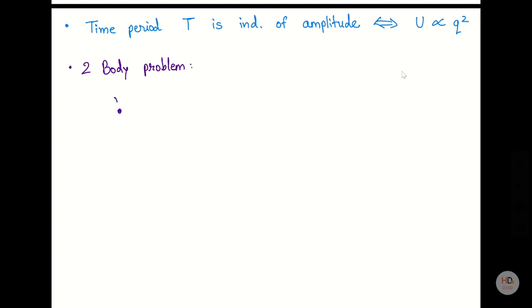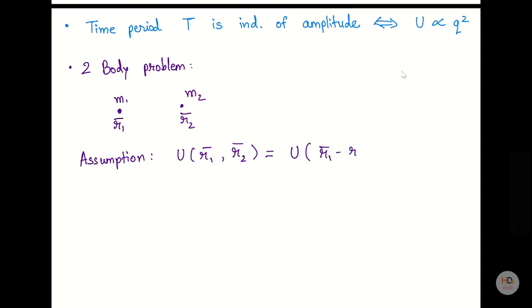For the two body problem, we have one mass M1 and one M2 at some R1 and R2. The assumption was the force is central, which means the potential, which could in principle be a function of both these vectors, is actually a function of R1 minus R2. Not just that, it's a function of just the scalar distance between the vectors.